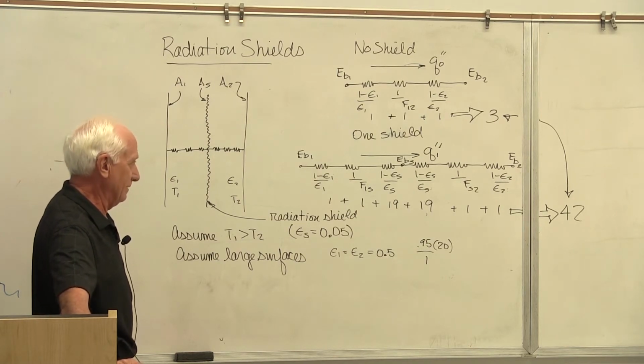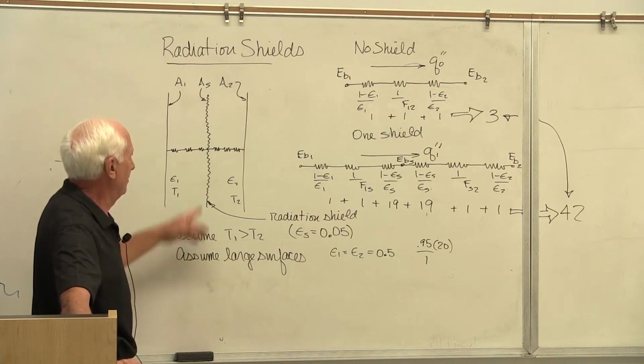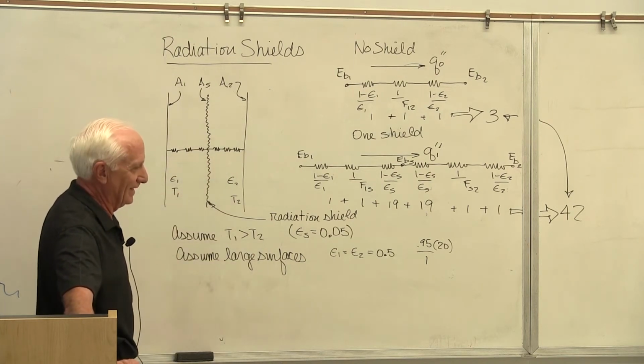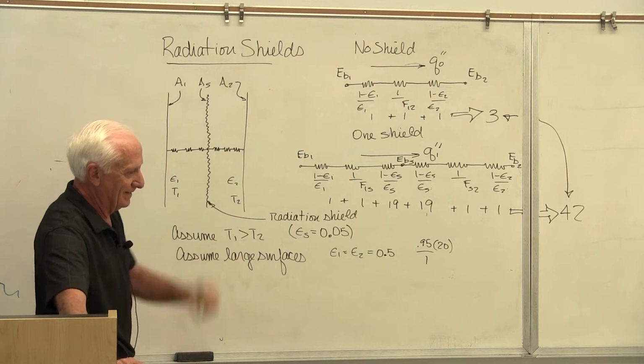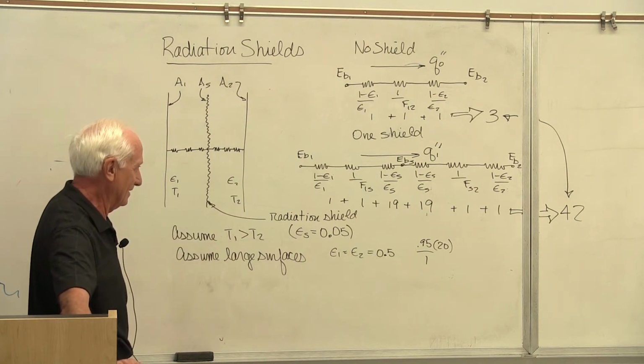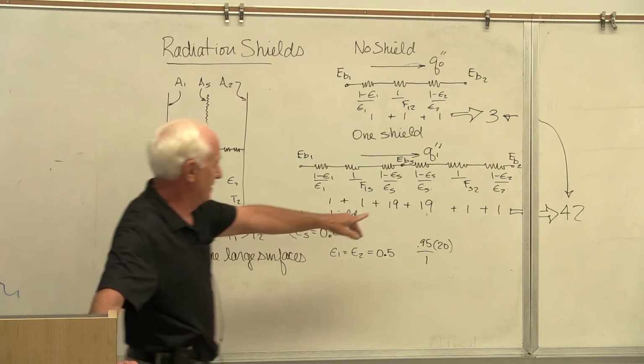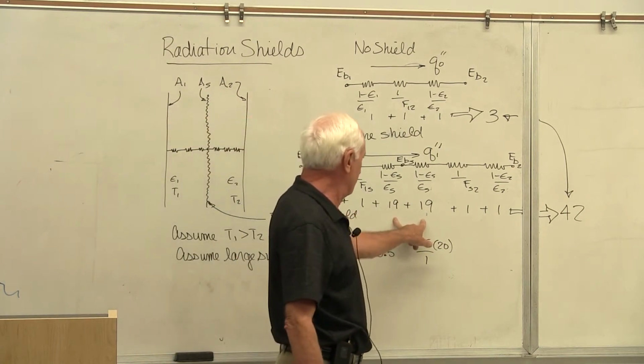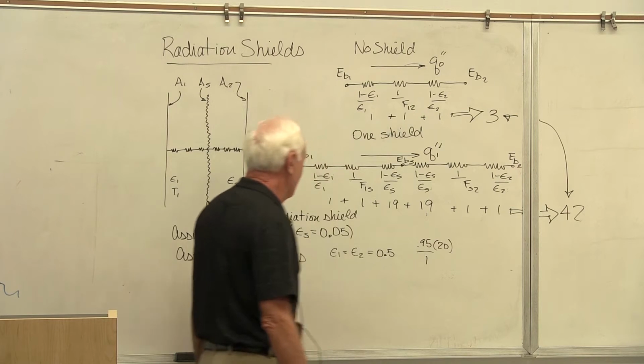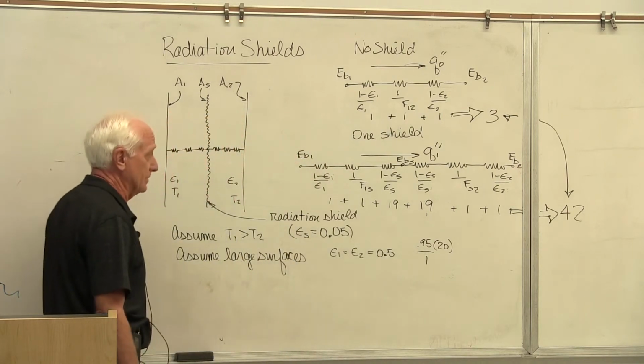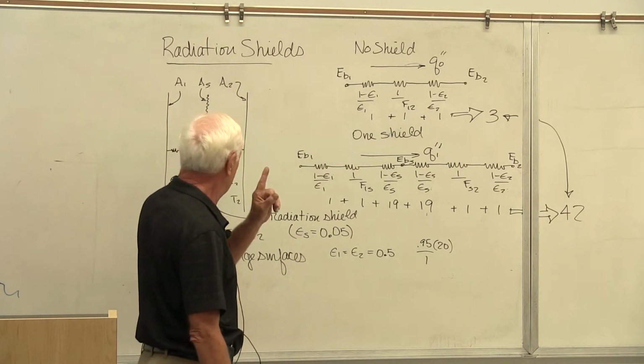How do you prevent the heat gain from the sun? You put shields between the sun's radiation and the skin of the bay. Yep, because they're aluminized mylar, that really makes it a big resistance. Just with one shield.